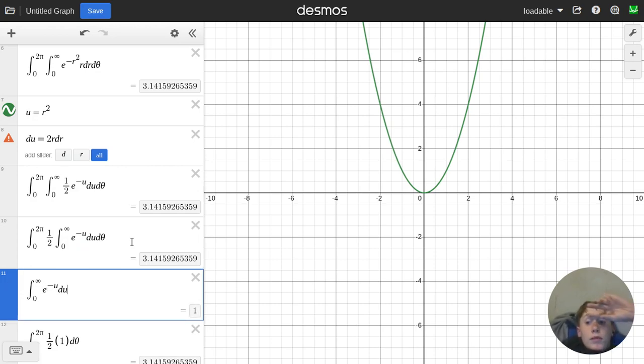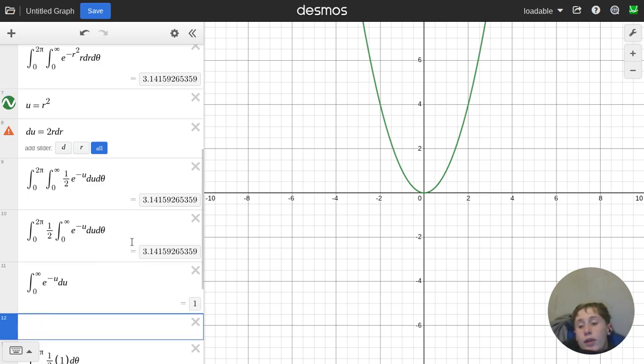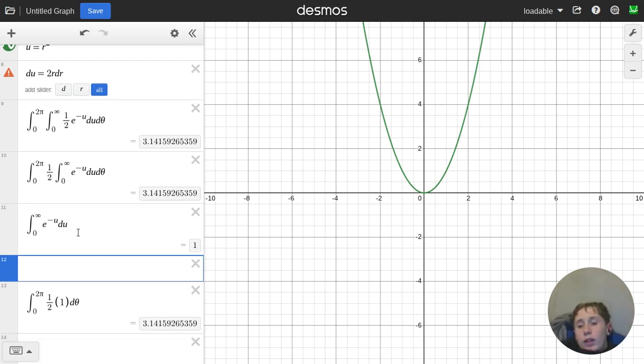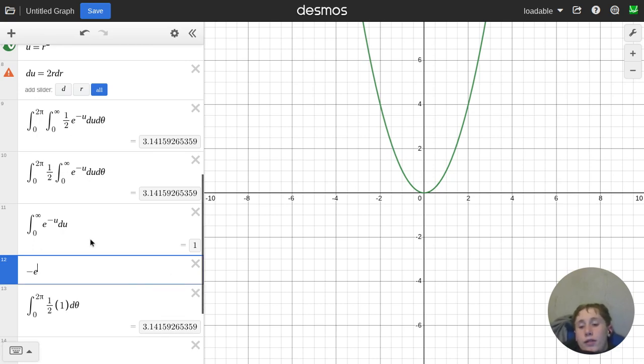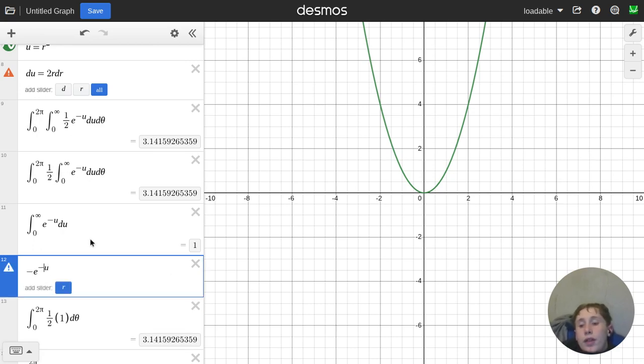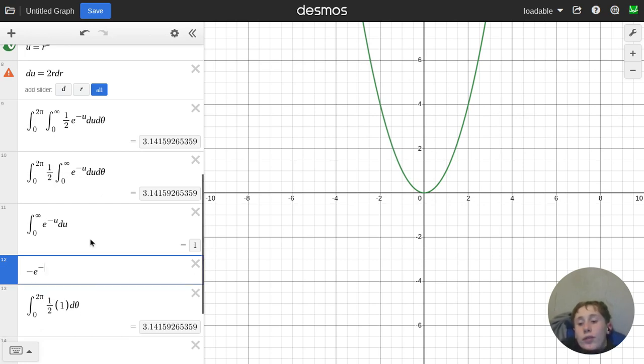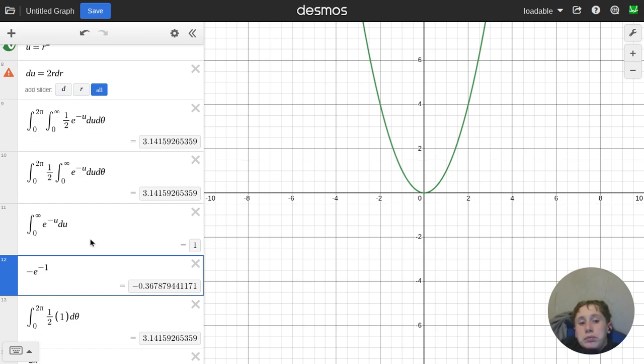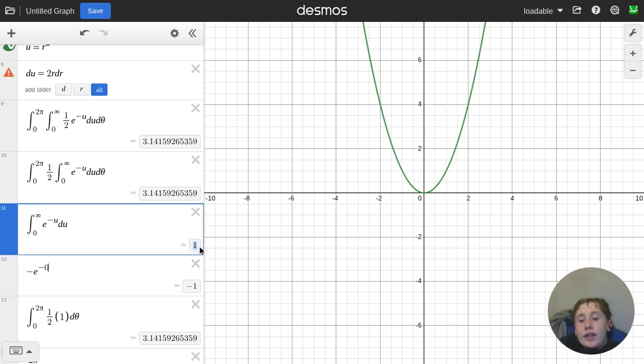Just 1. So we can check this by going like, yeah, right, because it's negative e to the negative u, and then if you plug in infinity, it's going to be 0. If you plug in negative 0, I mean, it's going to be negative 1. So minus negative 1 is going to be plus 1 in the end, as you can see here.